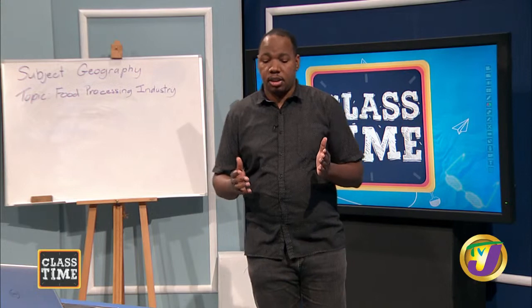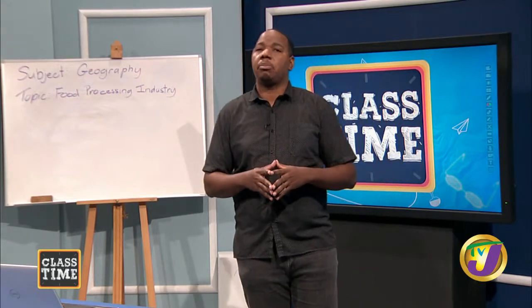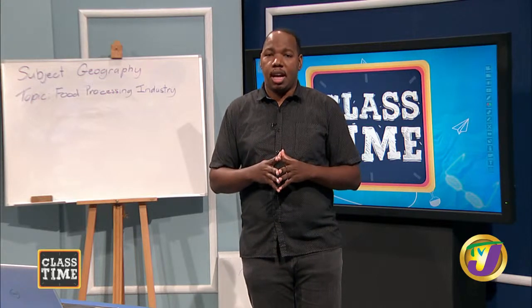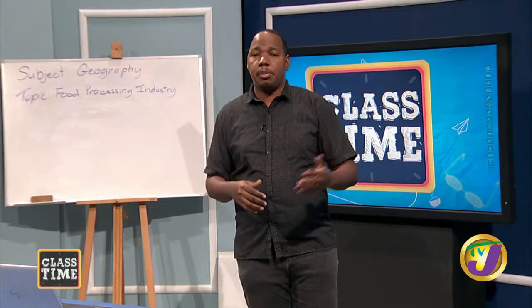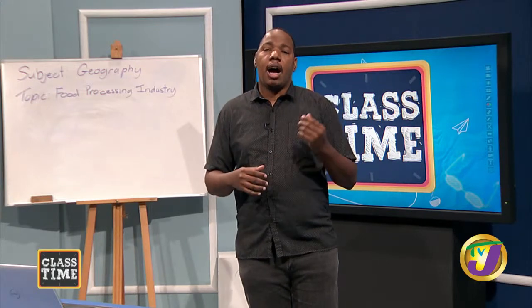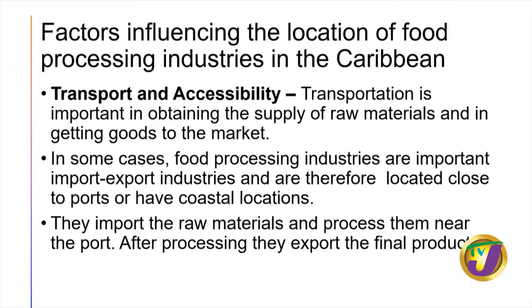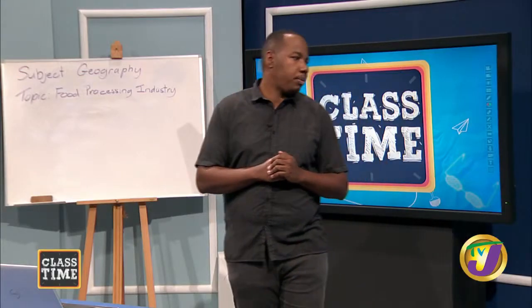I've been in the United States and seen, for example, Grace corned beef on the shelf. And you might see other Jamaican commodities there. So a location that is relatively close to an export site, a port, also presents a favorable location for the food processing industry.